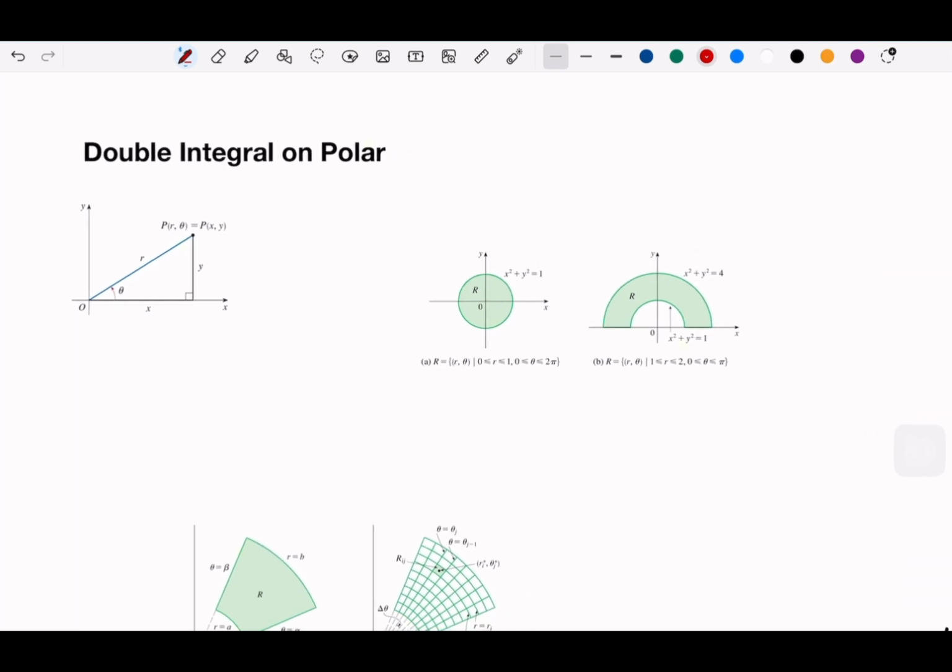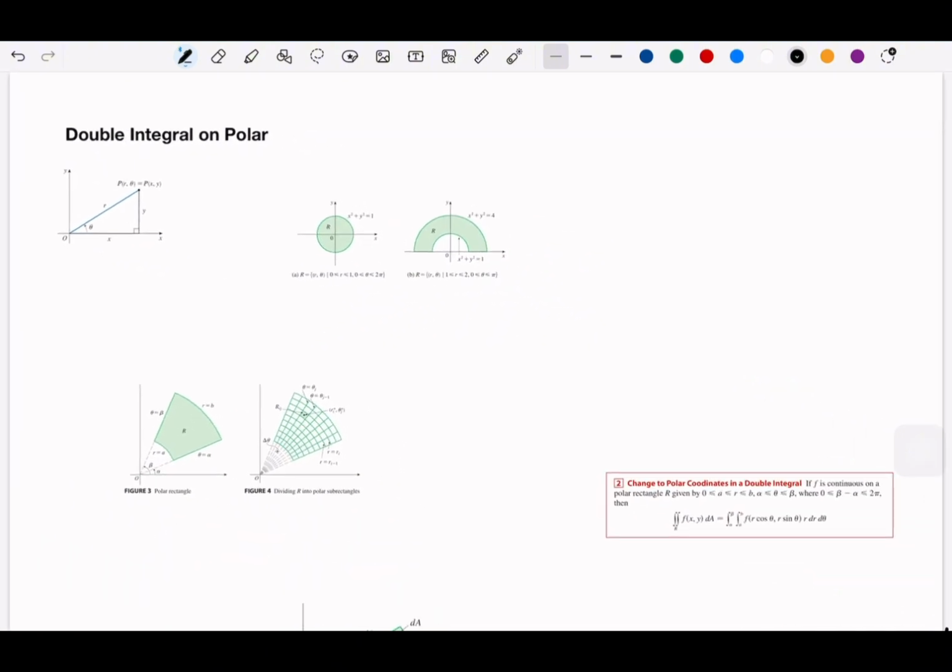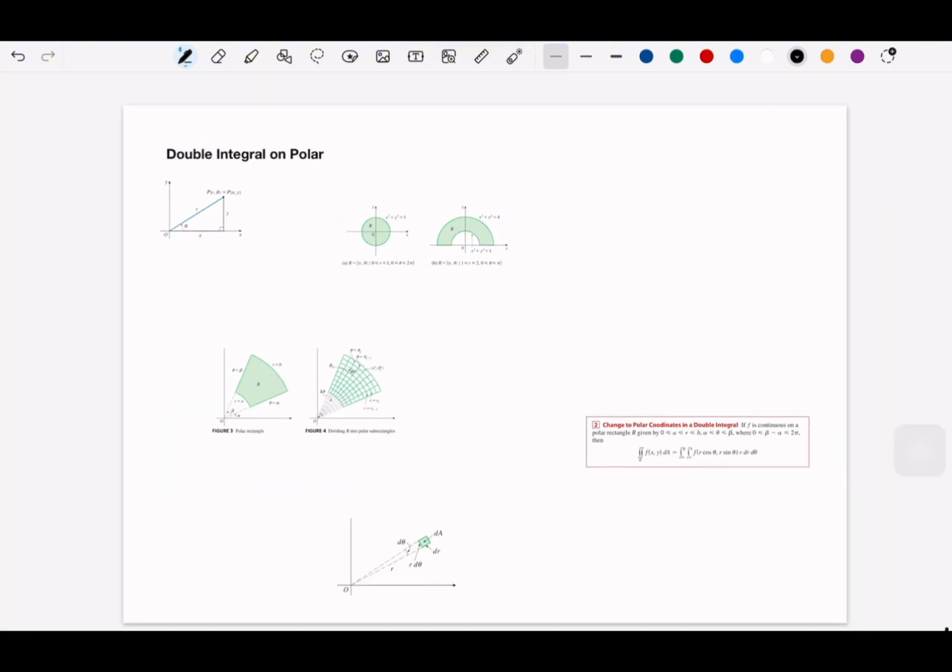Suddenly my Apple Pencil doesn't work. Okay, wait. I don't know why it doesn't work. Oh, now it works.